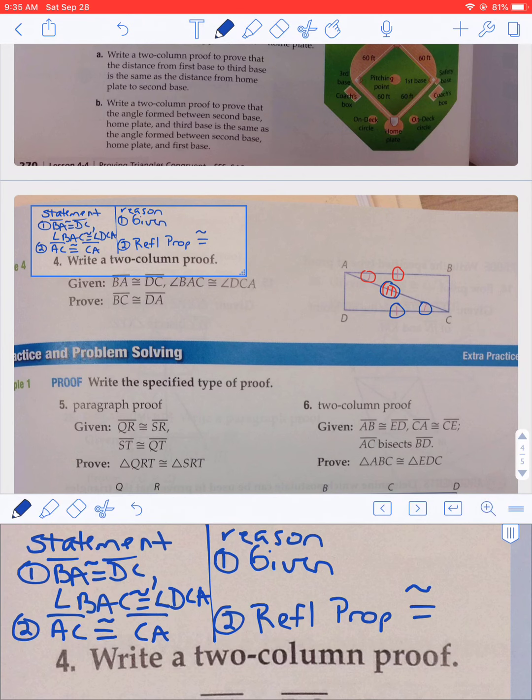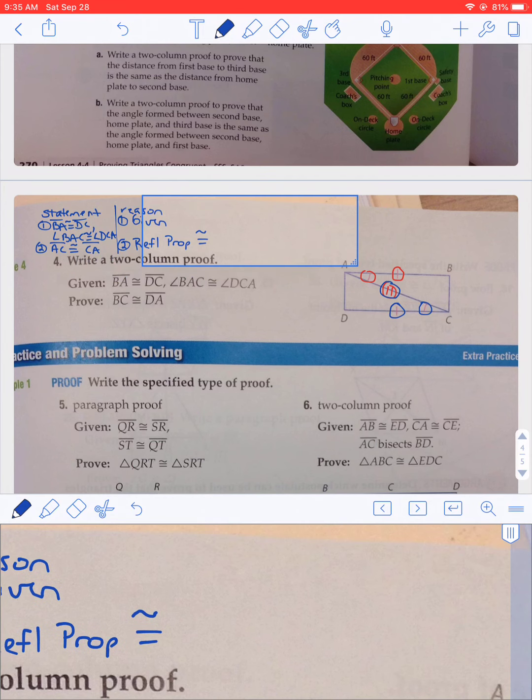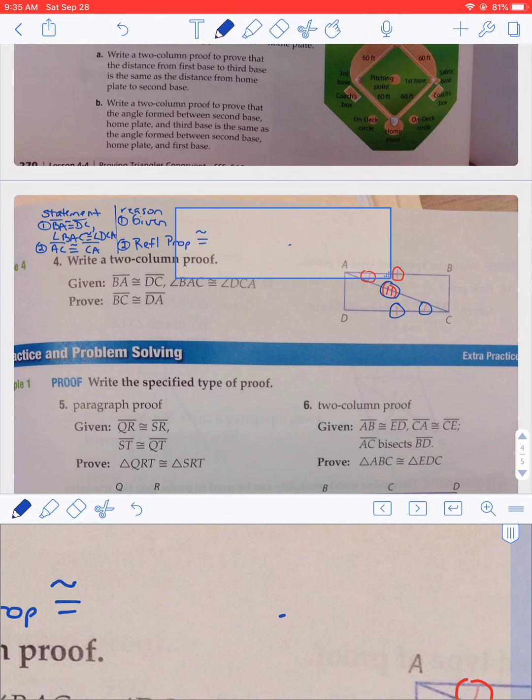Okay. So now we basically have everything taken care of. We've got two sides with an included angle between them proven to be congruent. So now we can conclude, so I'm going to put number 3 over here. We're going to be able to say, hey, triangle BCA, and you could call it triangle ABC, okay? The first triangle you mention, you pick the order, but I just picked BCA. I picked B and then went around clockwise, okay? But because I picked that order, that's going to dictate my order of the second triangle.